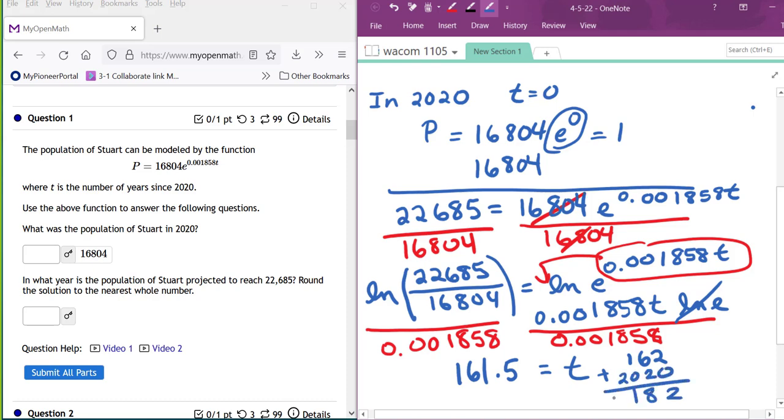So this is 2182, in the year 2182. And there we go. So that is just one way to keep from having to write so many digits here. If you divided this early and then took the log, you just have to rewrite and keep all the digits.